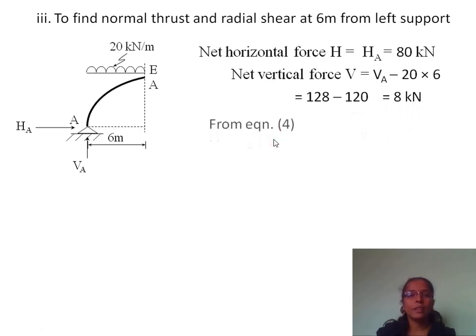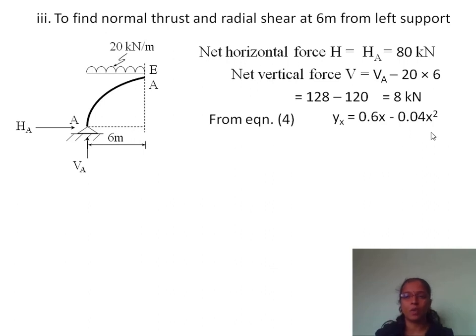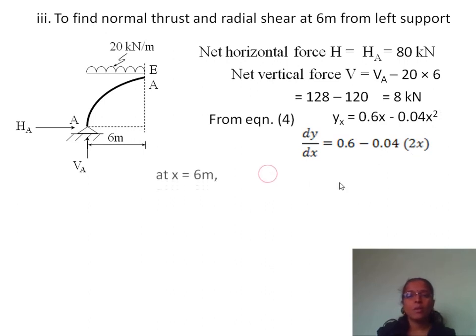To find theta, from equation 4 we have y of x is equal to 0.6x minus 0.04 x square. To find theta, we differentiate equation 4 with respect to x. Therefore dy by dx equals 0.6 minus 0.04 into 2x.